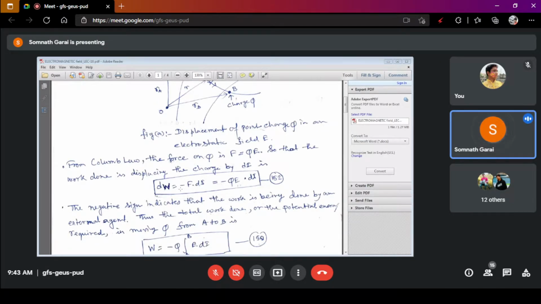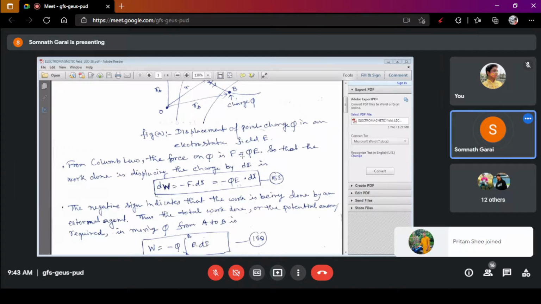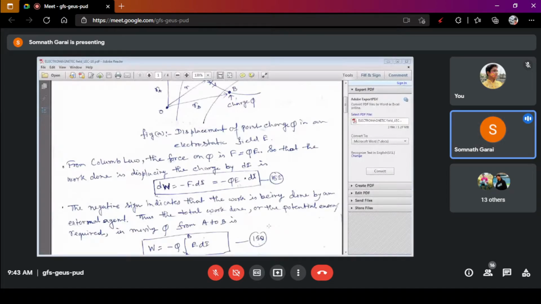So dW we can further write as minus qE dot dl, putting the value of F in this equation. And one thing to remember: this negative sign indicates the work done by an external agent or external charge.